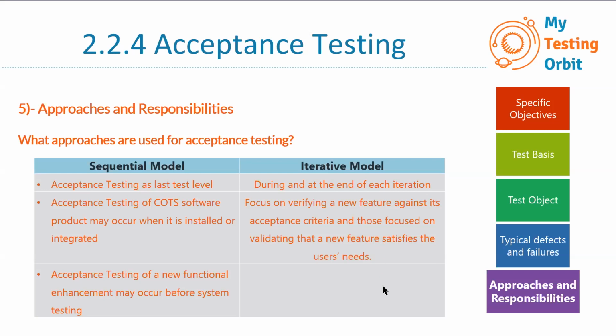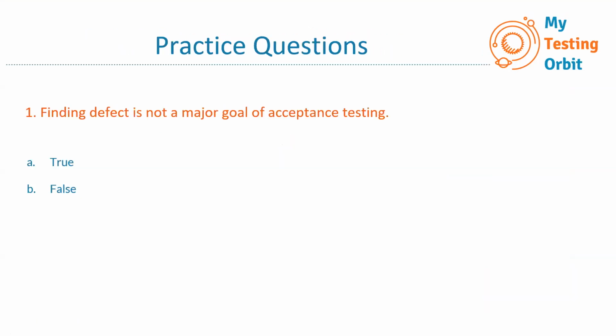Right. Okay, so let's move on to our practice questions. The first one is: finding defects is not a major goal of acceptance testing. Is it true or false?